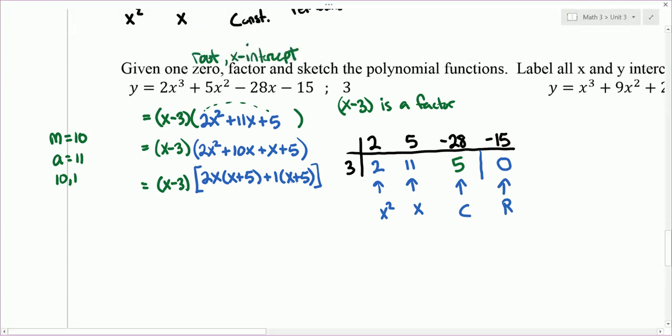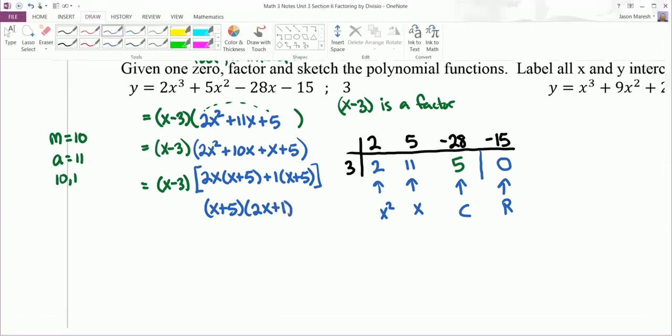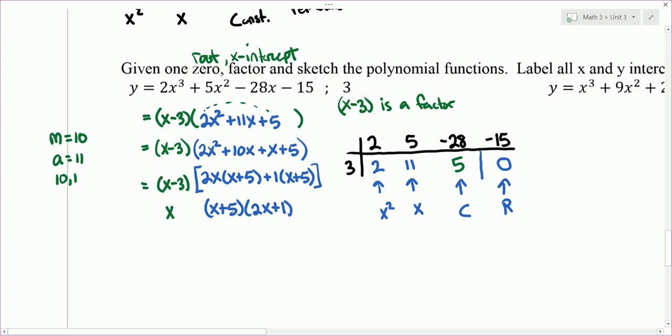And we have 2x plus 1. Factor that out. You get x plus 5 times 2x plus 1, and bring down your x minus 3. And now it is fully factored.